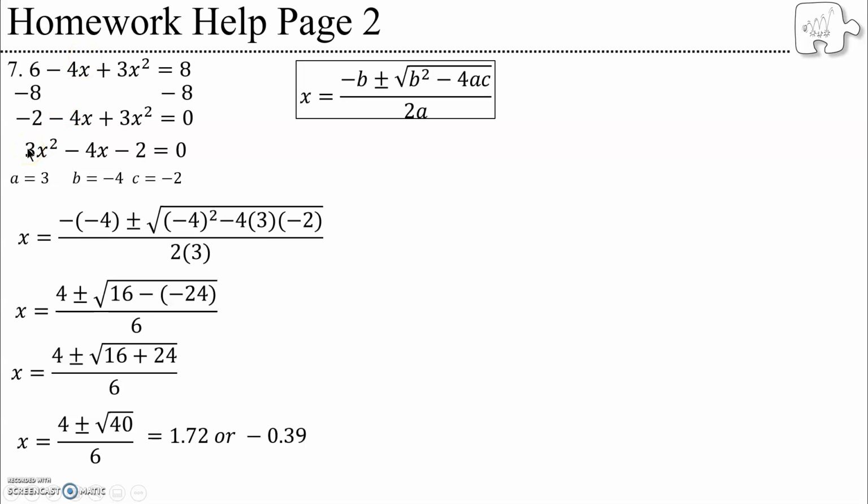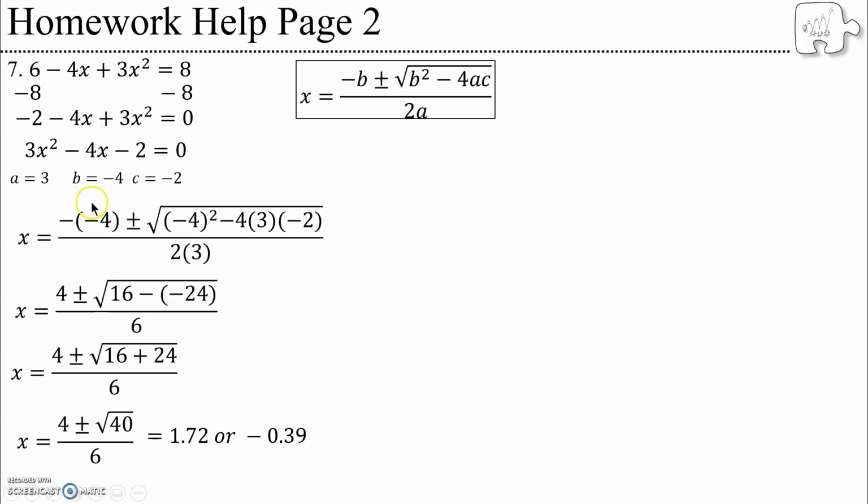You have to multiply the first and the last number together, and you get -6. Then we have to find a pair that multiplies to -6 and adds to -4. There are no numbers that do, so you won't be able to create the generic rectangle, and you won't be able to solve the problem by factoring.